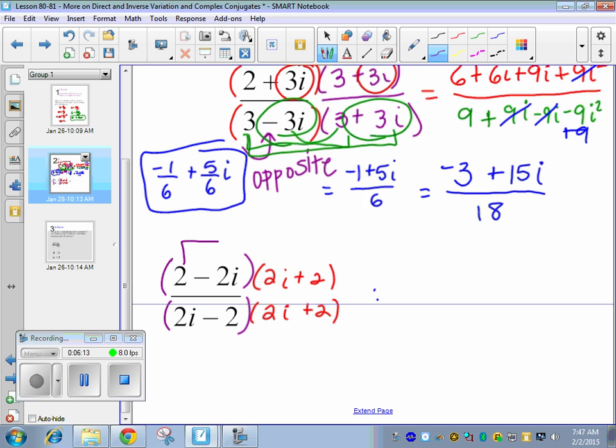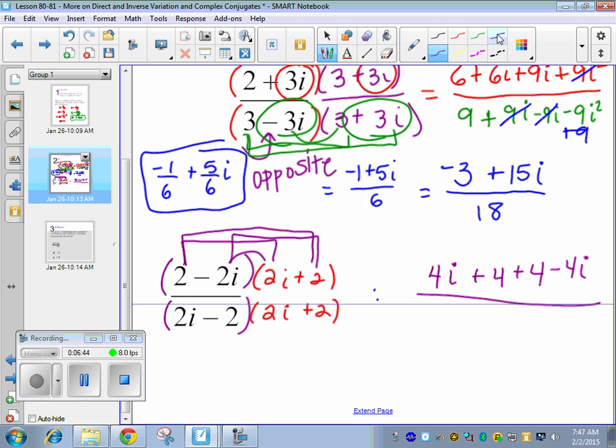So David, what do I get for first? 4i. Kendra, what do I get for outside? Plus 4. Max, what do I get for inside? 4i. Good. This would be negative 4i squared, which, yes, it is plus 4. Alright, and Kayla, what do I get for last? Negative 4i.